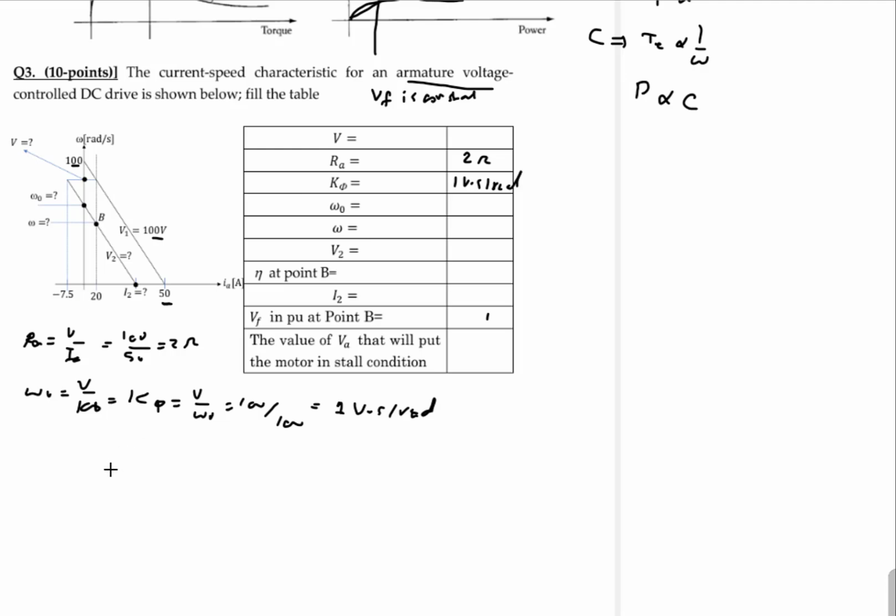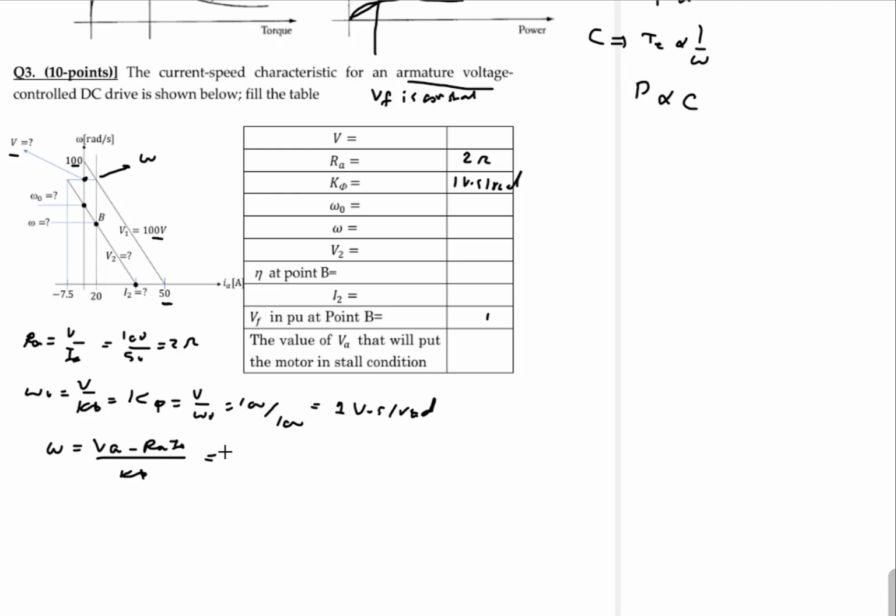Now we need to find the voltage at this point. To find this one, we need to find omega here. Now omega here, the voltage is given. We know that omega will equal VA minus RA IA over K phi.